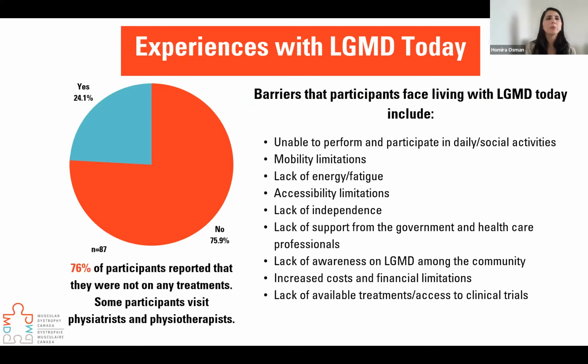Some people reported being in wheelchairs and really quickly others appreciating that they have a disability, while others saying, because I am able to walk or walk sometimes or walk certain distances, I'm not always understood to have a muscle weakness or a neuromuscular condition. That there's increased costs and financial limitations, and that there's lack of available treatments and lack of access to clinical trials in Canada.